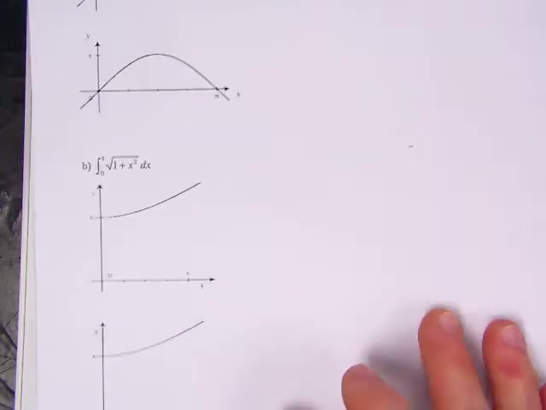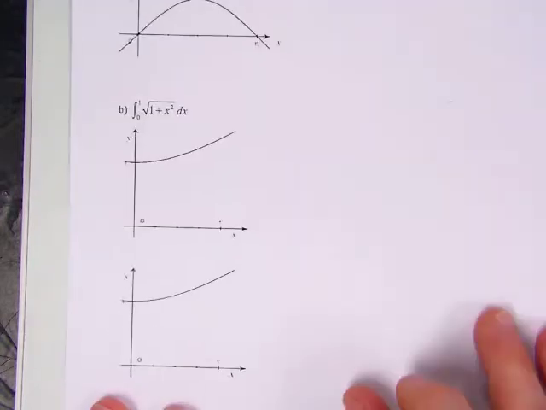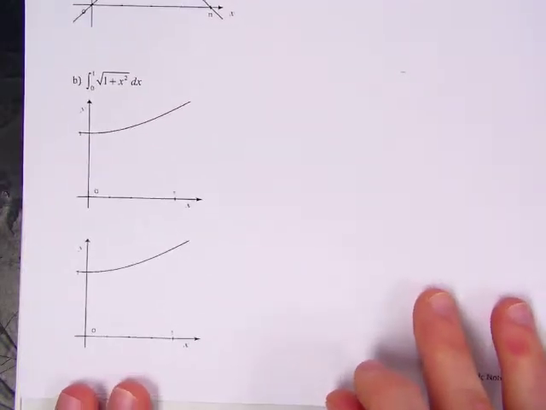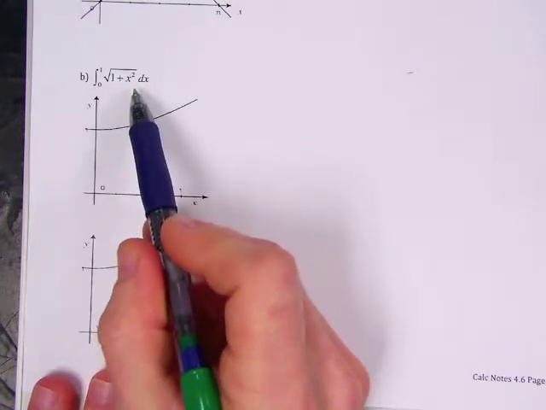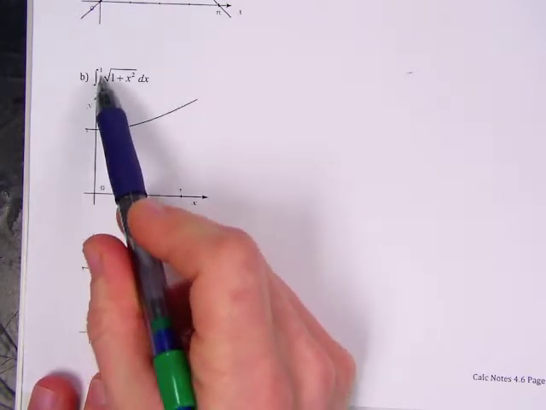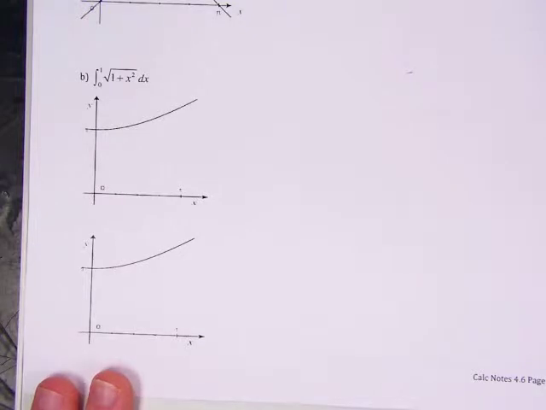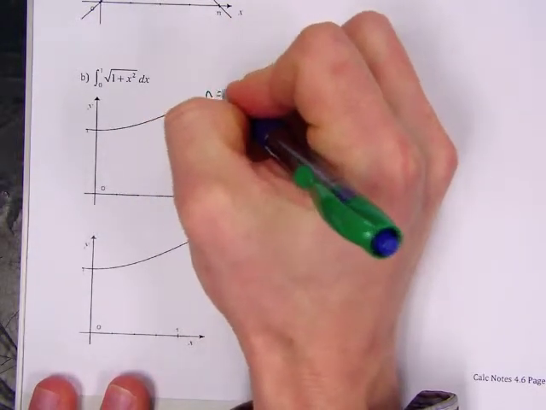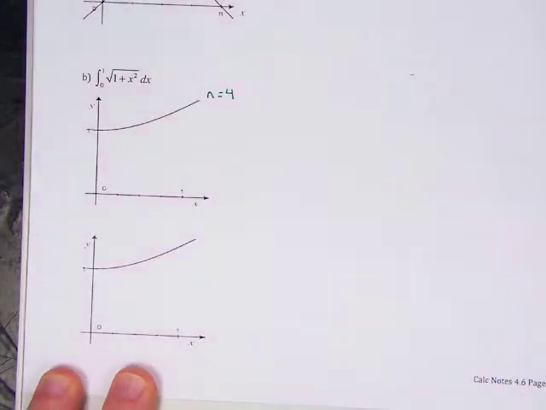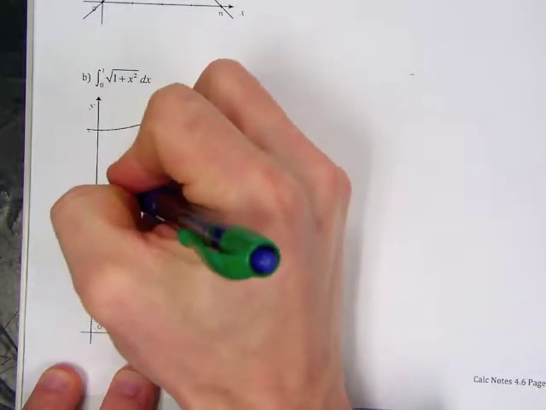Okay, so notice here you can't use u substitution because du would be 2x and we have no x here. So we're going to use n equals 4 here. And so let's go ahead and draw all the heights there.